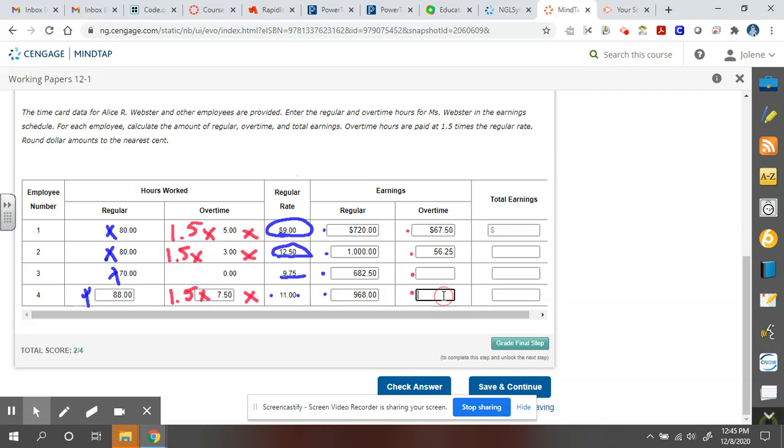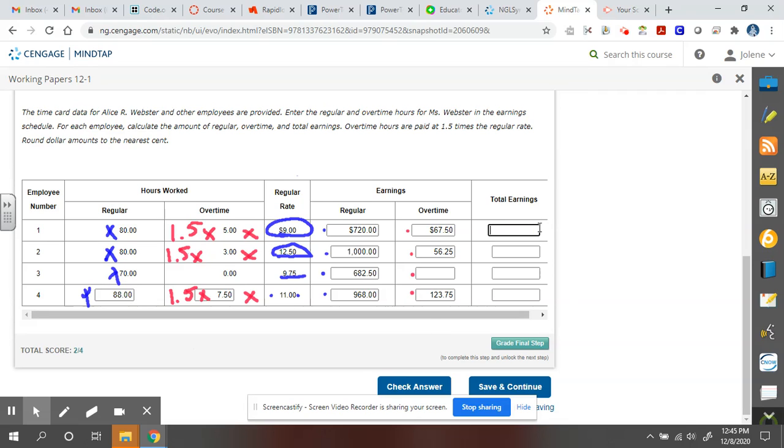That third employee didn't have any overtime. We don't have to worry about that. And then Alice, 1.5 times 7.5 hours times $11, and her overtime pay is $123.75.